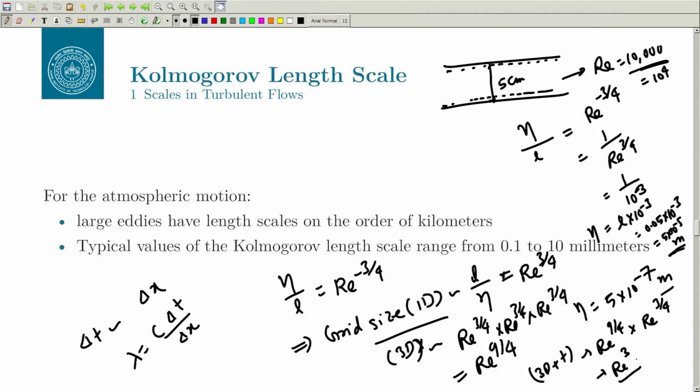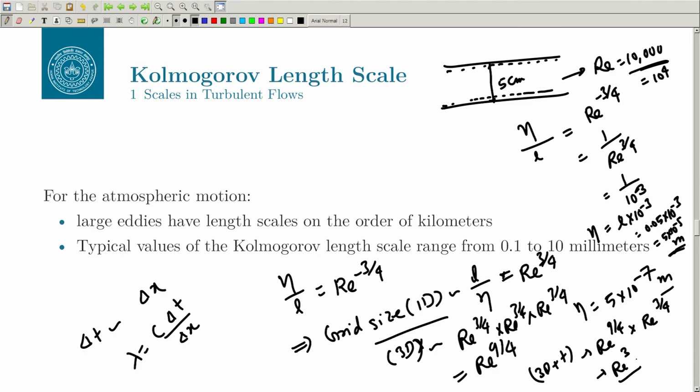If you talk about a low pressure turbine, they normally fly at a high altitude where the density is low, and typically in the cruise condition the Reynolds number can go as low as 25,000. Then if your Reynolds number is very low, the grid size will be somewhat manageable and you can perform DNS of that kind of situation.